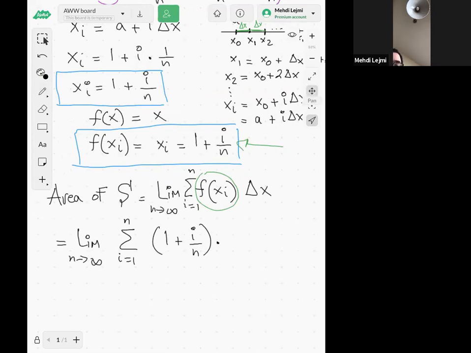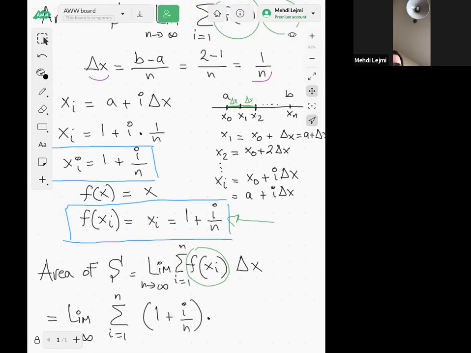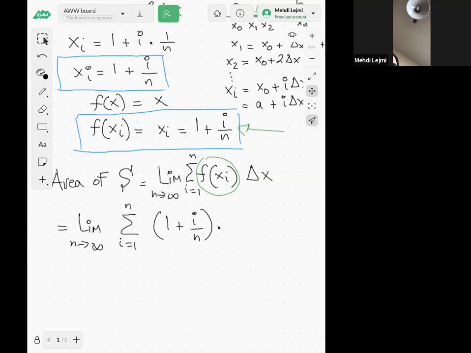Delta x, we said in our example, is 1 over n. So it's just times 1 over n. In other words, 1 times 1 over n is just 1 over n, plus, and I just distribute, guys, here: i times 1 is i over, of course, n squared.